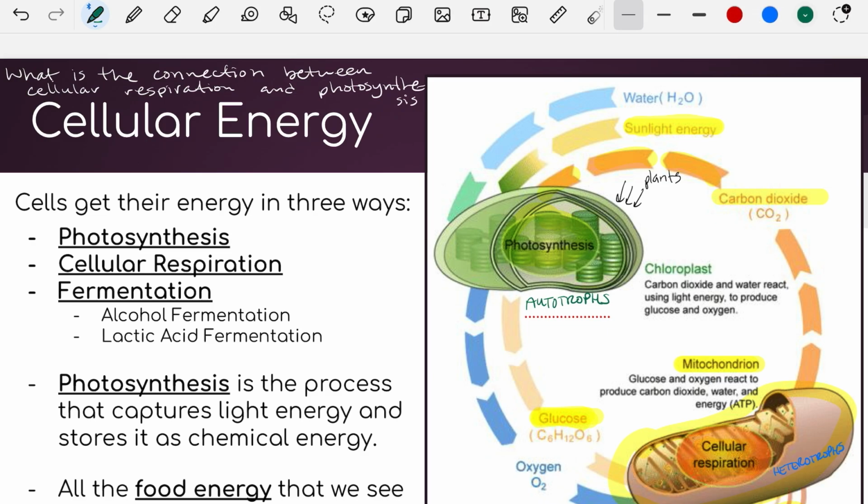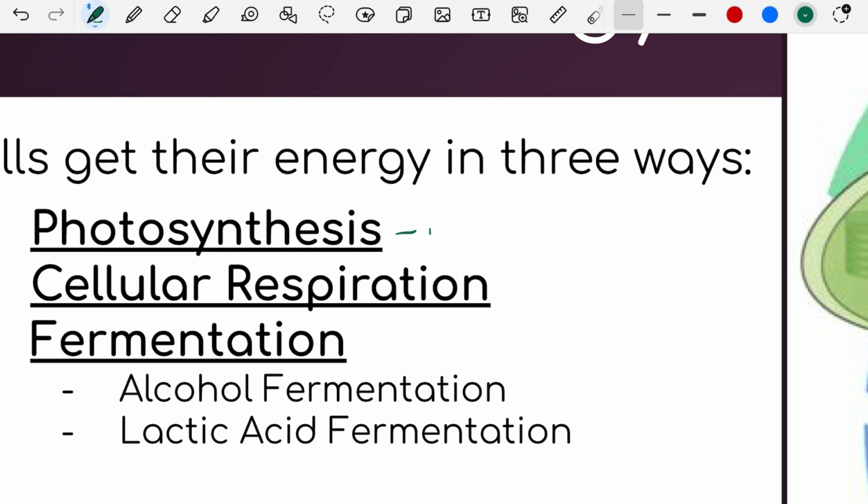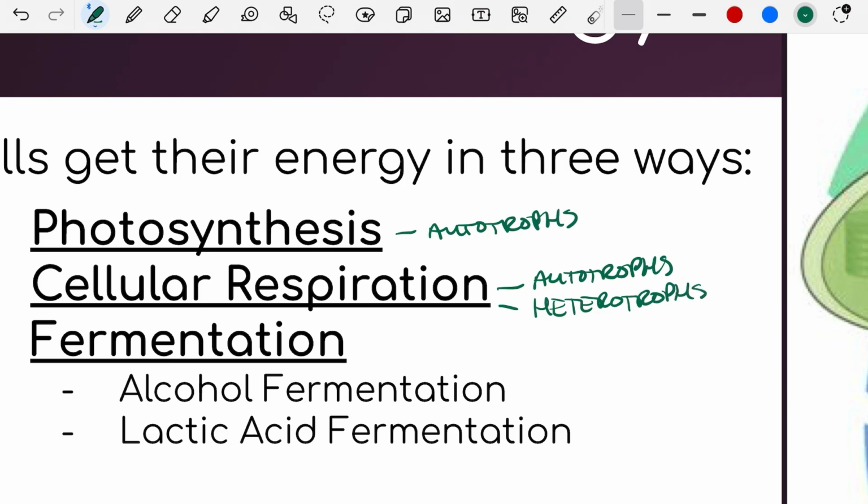Right, so again, photosynthesis, these are our autotrophs. Cellular respiration. Autotrophs also do cellular respiration, but heterotrophs only do cellular respiration.